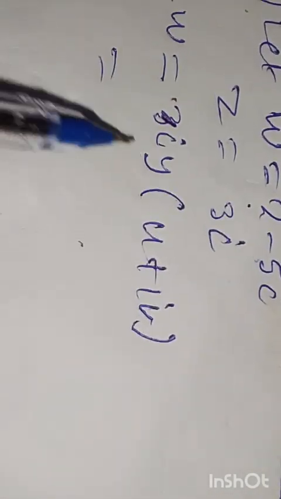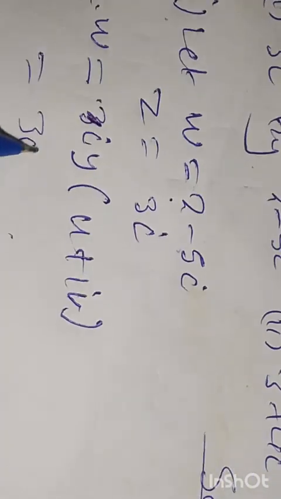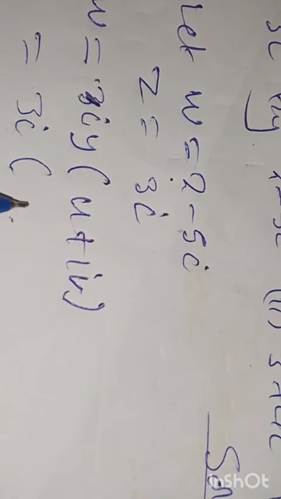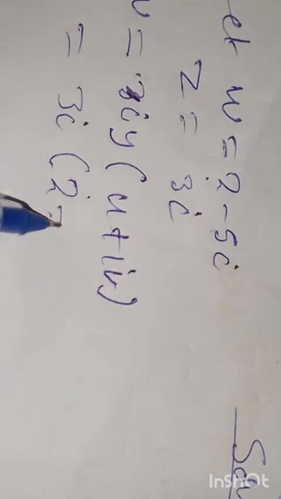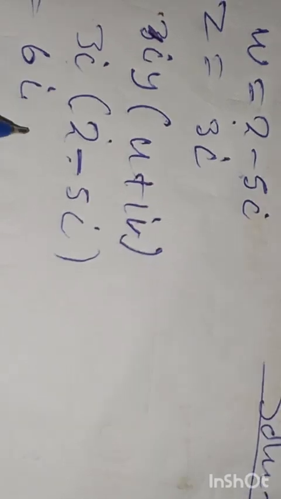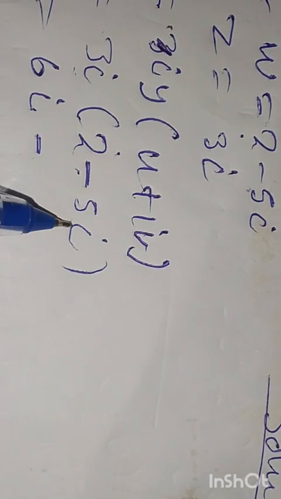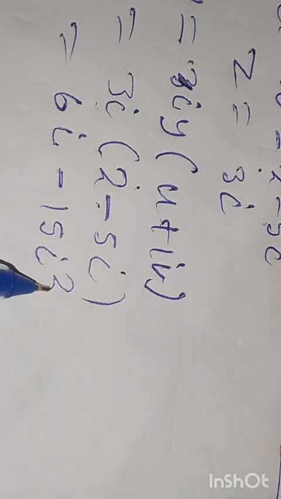What is our iy? iy is 3i multiplied by u plus iv. What is u? Our u is 2 minus, what is our iv? It is 5i, which will be equal to 3i multiplied by 2. We're going to have 6i minus 3i multiplied by 5i. We're going to have 15i squared.